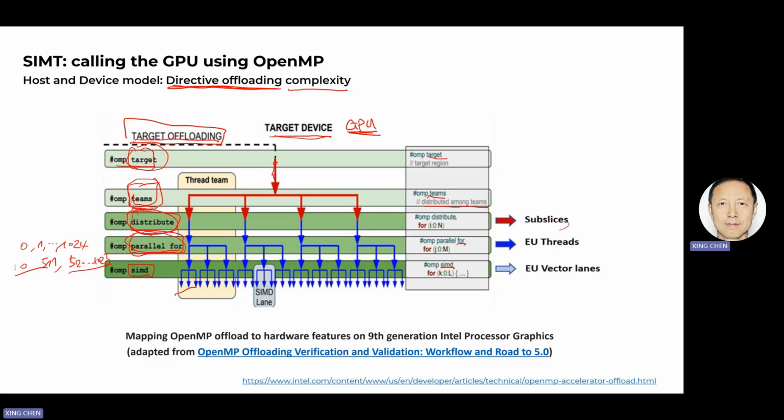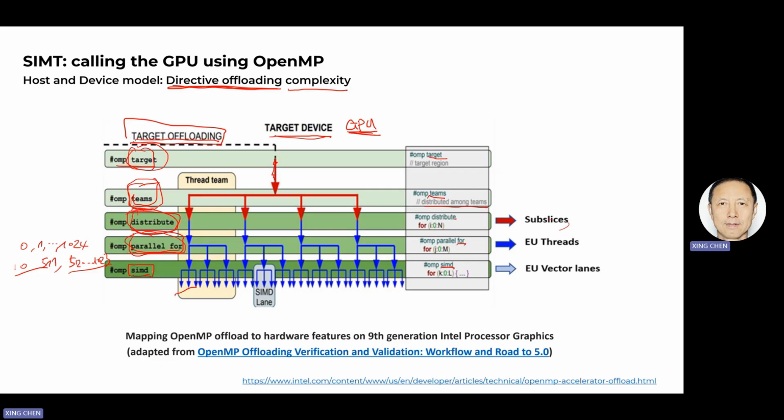You need to really understand the complexity of this kind of workload offloading by OpenMP, and then you need to be careful with your choice of the directives, because there are a lot of parameters for these directives.